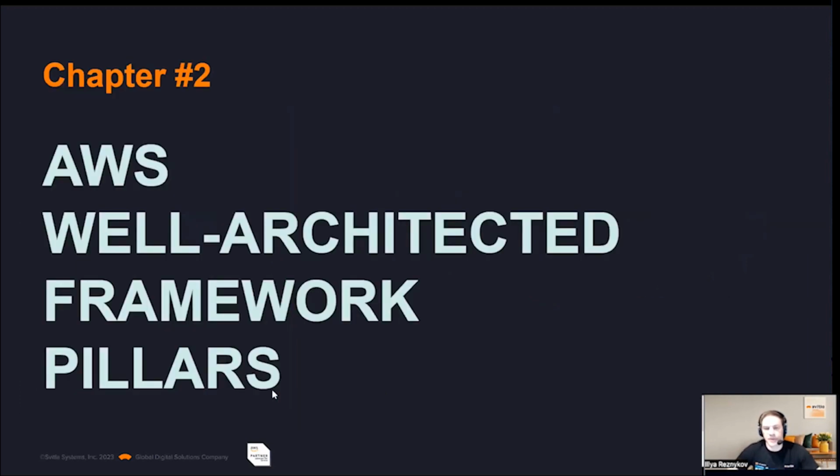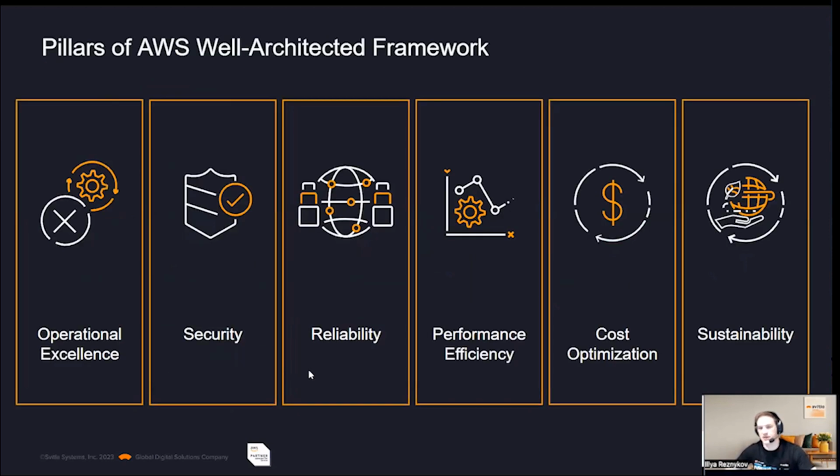Now let me speak about pillars. As I mentioned, the Well-Architected Framework has several pillars. Currently there are six pillars: operational excellence, security, reliability, performance efficiency, cost optimization, and sustainability.